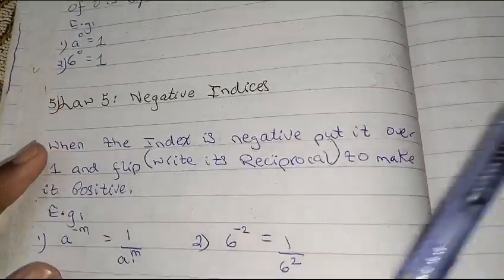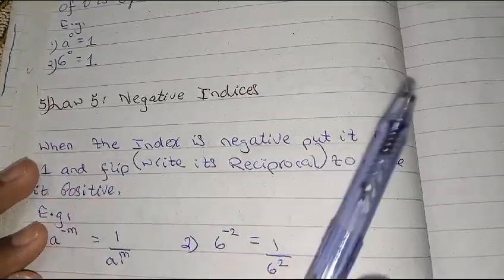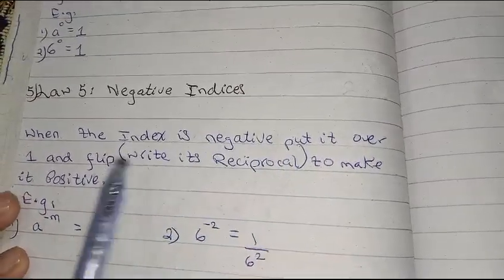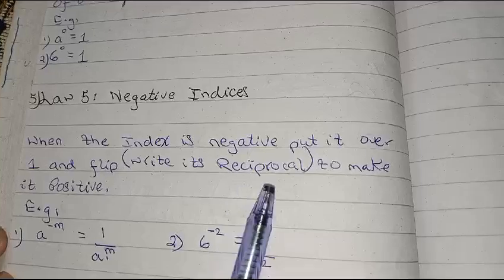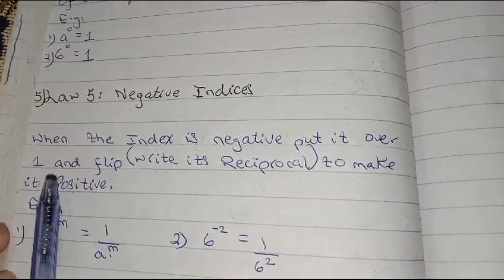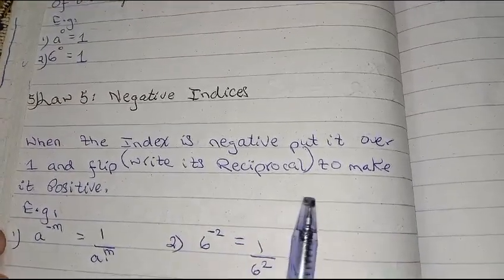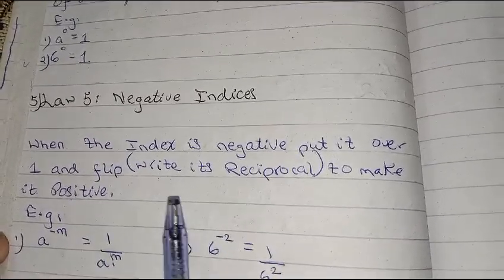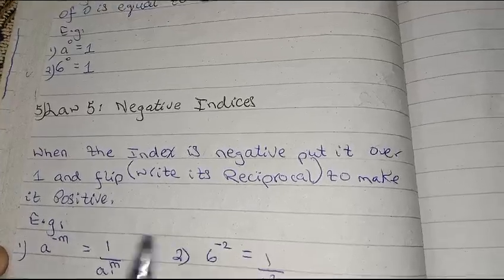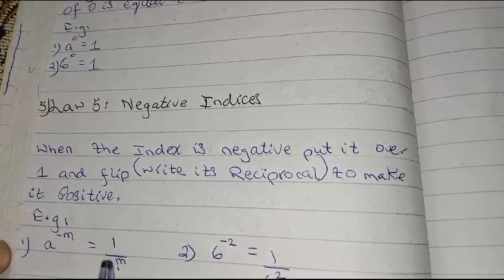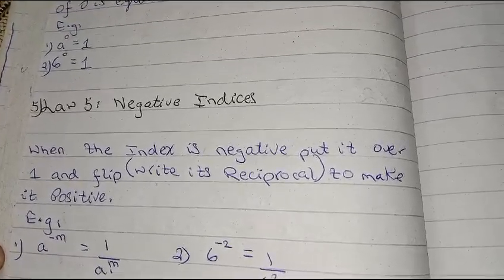Coming forward to law 5, which says negative indices. In negative indices, when the index is negative, we put it over 1 and flip it, writing its reciprocal to make it positive. Reciprocal means to flip it and change it into positive, like a^(-m) equals 1/a^m.